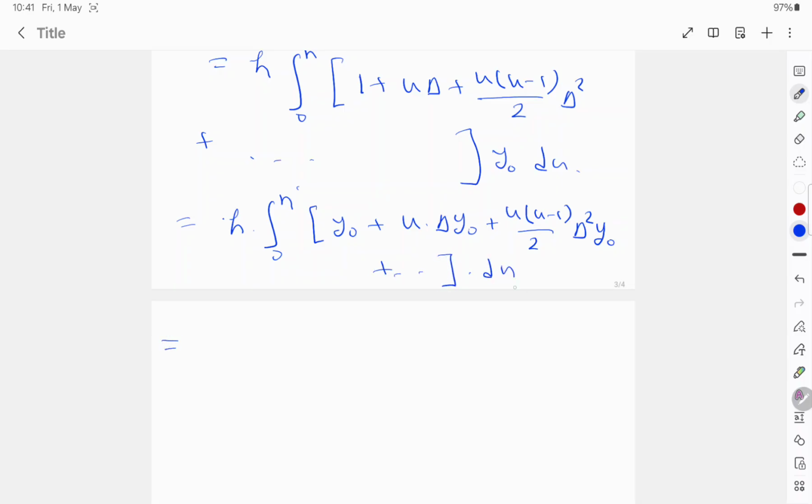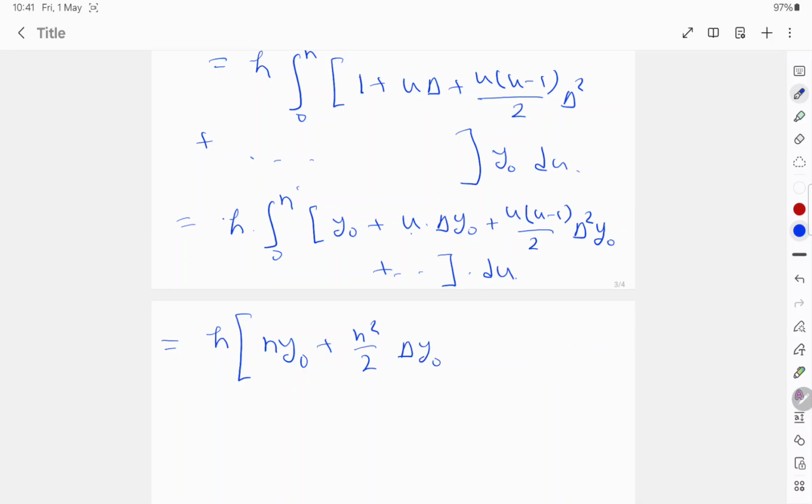Now if you do the integration, what you will get: h outside, then the integral of 1 with the limit n to 0 gives n y0, right? Next, integration of u will be u square by 2, with the limit n and 0, so you will get n square by 2 into delta y0, right?